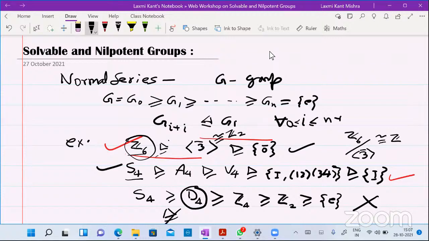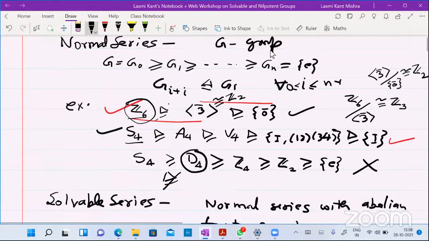So it will be isomorphic to Z3. Okay. And similarly, I told that the quotient group was isomorphic to Z3, which was incorrect. So this will be Z2. This was the mistake. So now let us start.